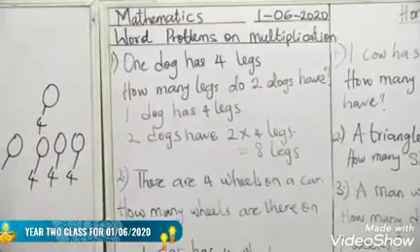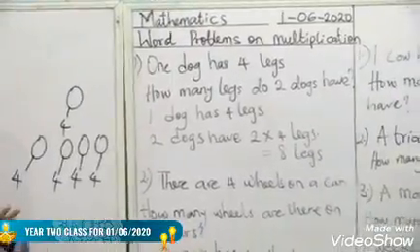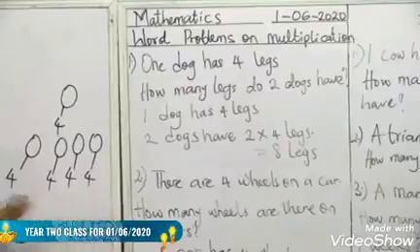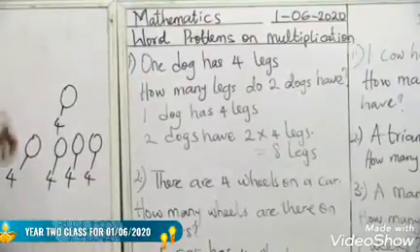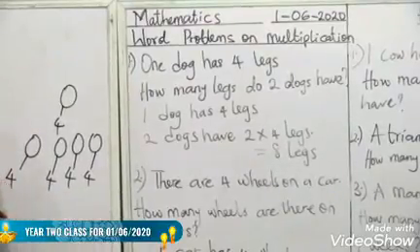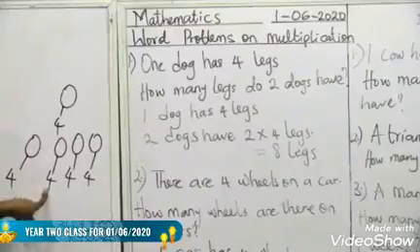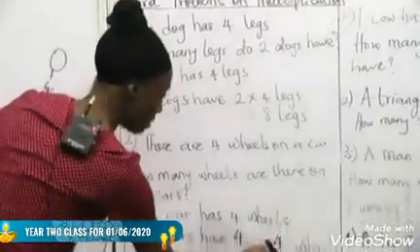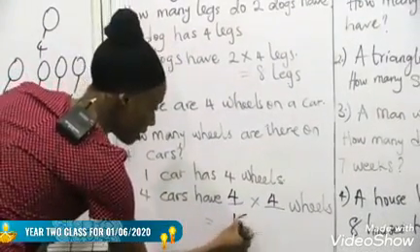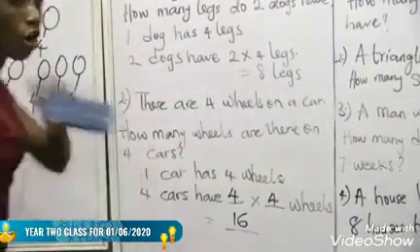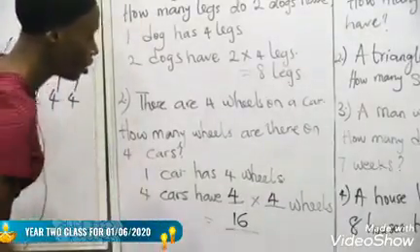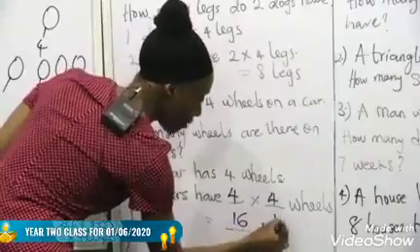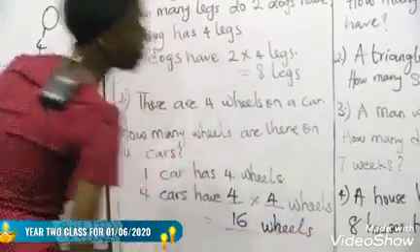So we'll just say 4 plus 4 plus 4 plus 4, which will give us 4 times 4, and is what? 16. So in 4 cars we have 16 wheels.